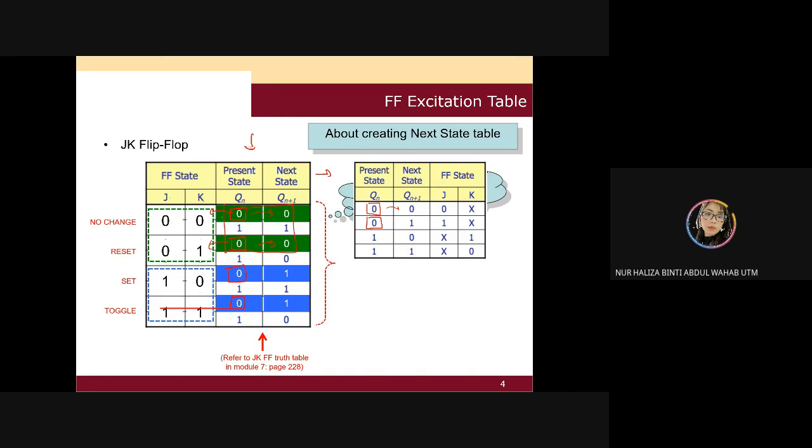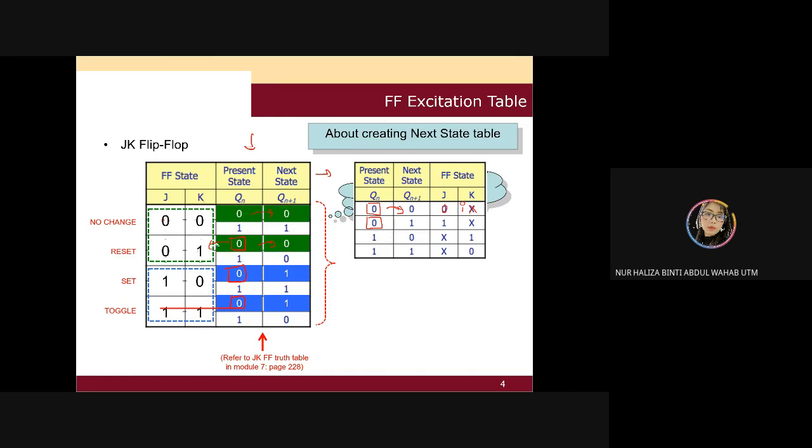First, your J is 0. So that's why you remain 0, because both conditions are 0 to 0. And another one, you look into K. K is 0 and K is also 1. We have these two conditions. Both conditions come out from 0 to 0 also. Then you're going to put X. You're done with this part.